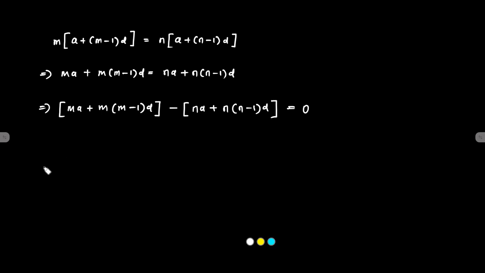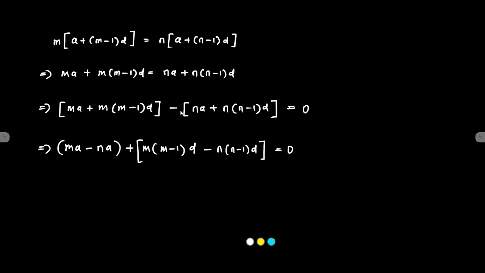That implies mA minus nA plus m into m minus 1 D minus n into n minus 1 D is equal to 0.